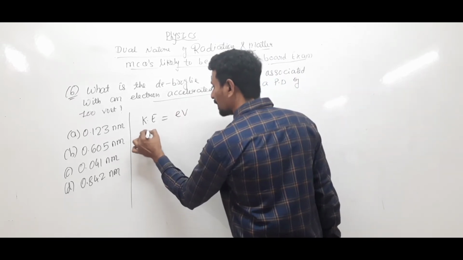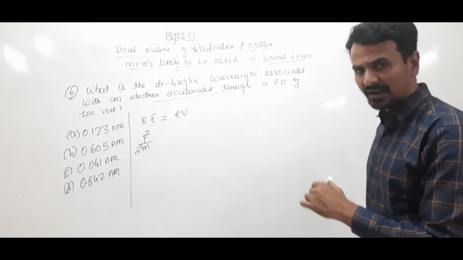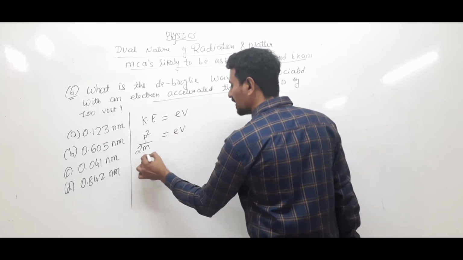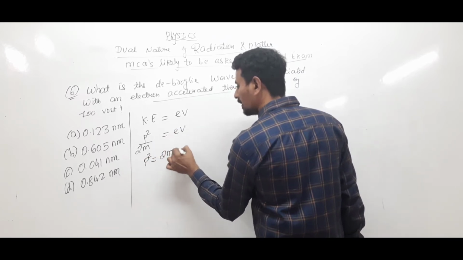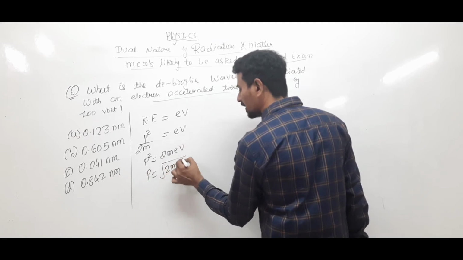Kinetic energy is p square by 2m, that is half mv square, multiplying and dividing by m. So p square by 2m is equal to eV, p square is equal to 2m eV. So momentum p is root of 2m eV.